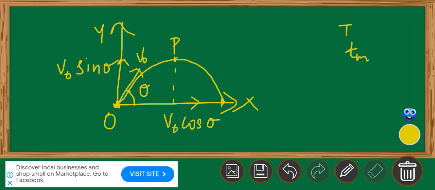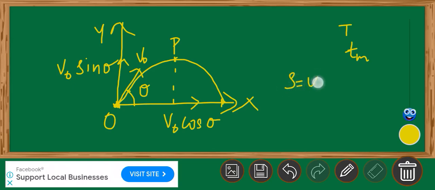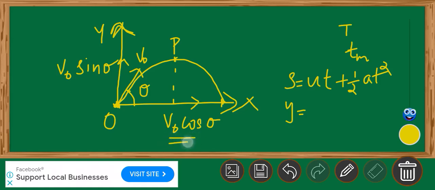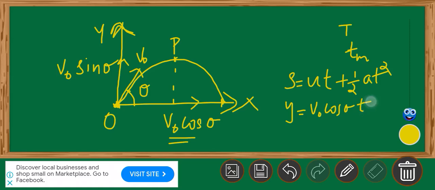Then we have Newton's equation of motion, S equal to ut plus half at square. Then we have to find y. In this equation, in place of u we have v0 cos theta, so v0 cos theta into t.